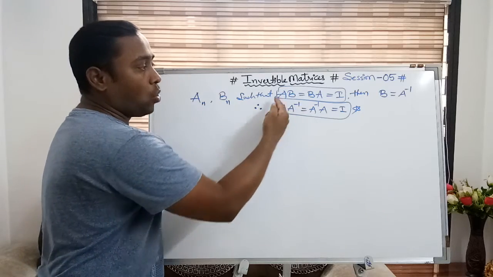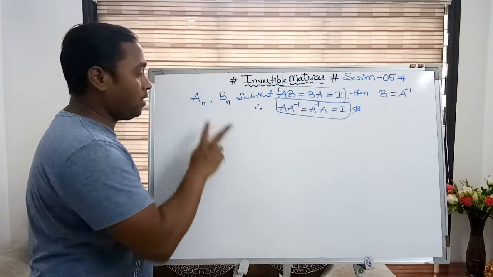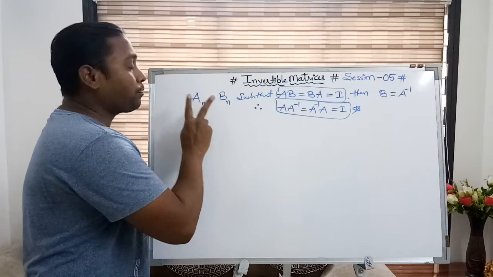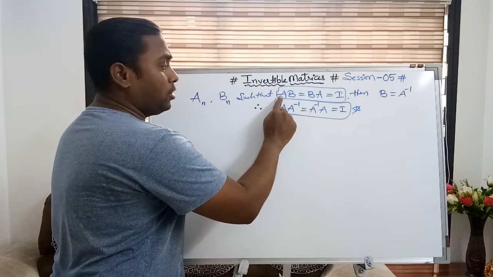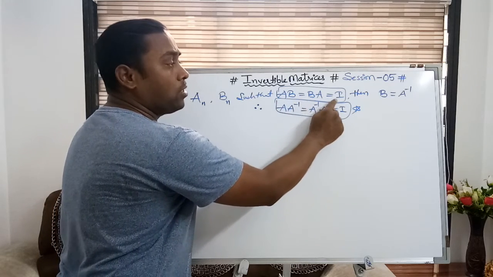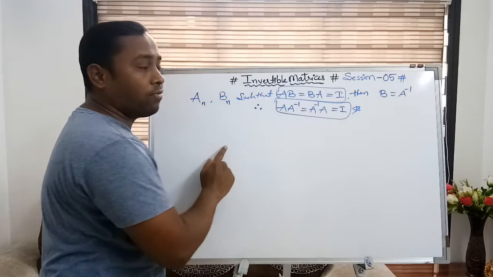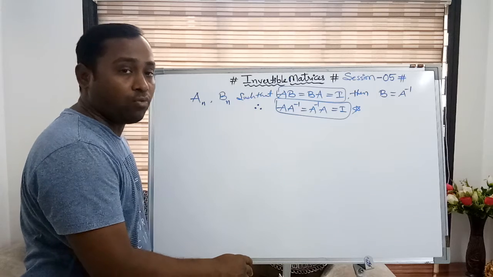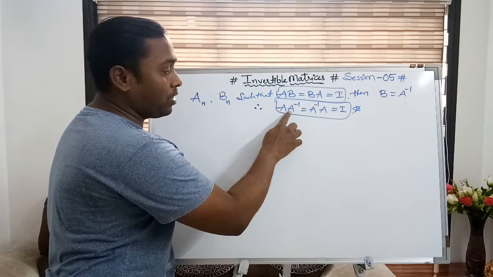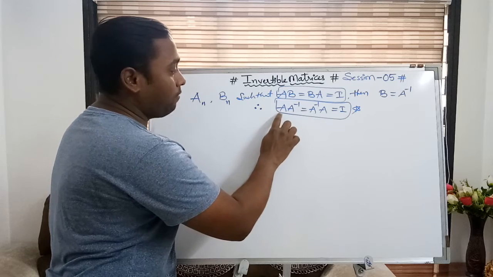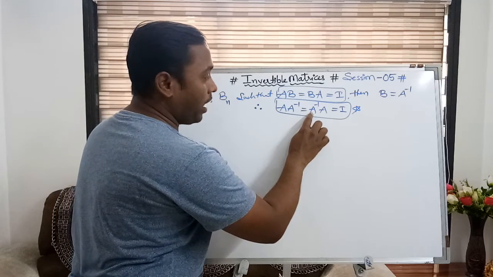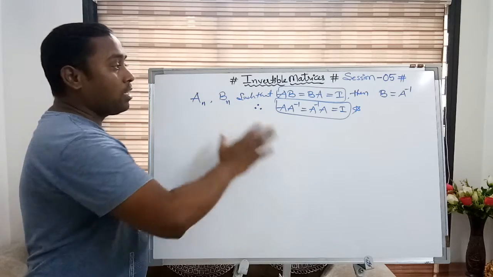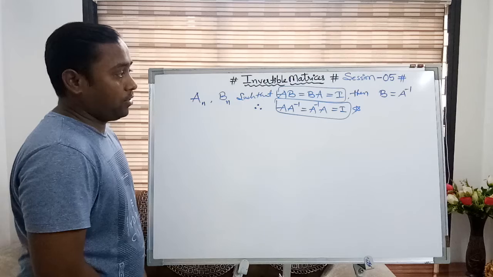The reason is that the product is not always defined. Hence, A and B must be square matrices of the same order. Then, if they satisfy the condition AB is equal to BA is equal to I, B is called the inverse of A, written A inverse. Therefore, A into A inverse is equal to A inverse into A is equal to I. So remember this statement. This is what an invertible matrix is.